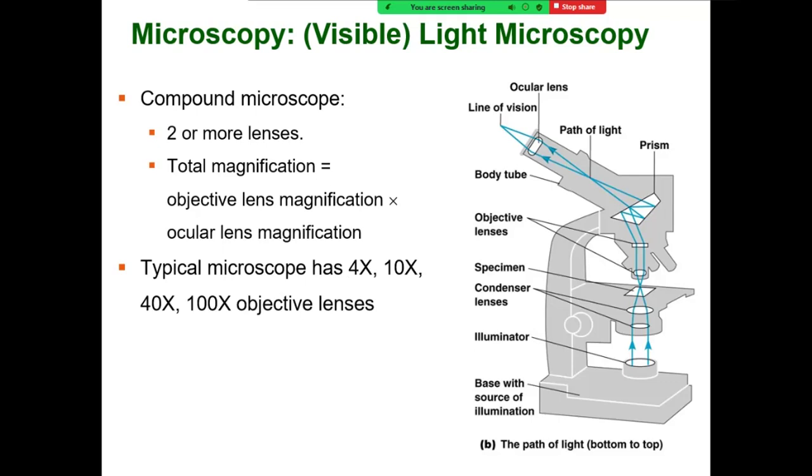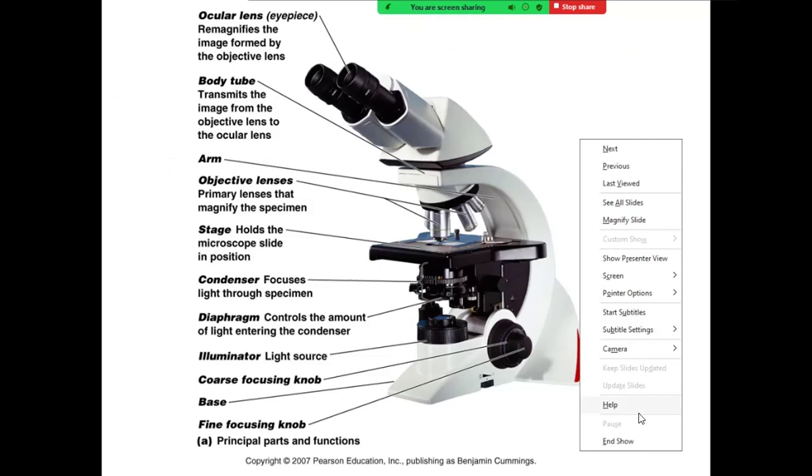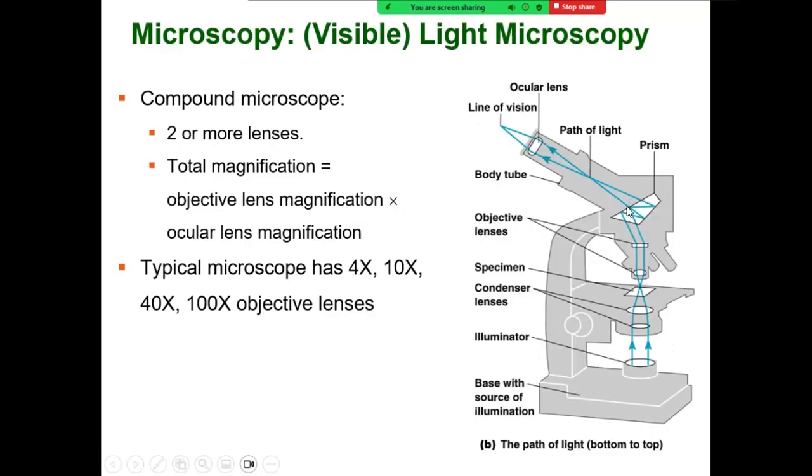So you should know the ocular lens. You should know the arm, shown right there, for holding the microscope. Let's go back. You should know the specimen will be on the stage. We have a condenser.